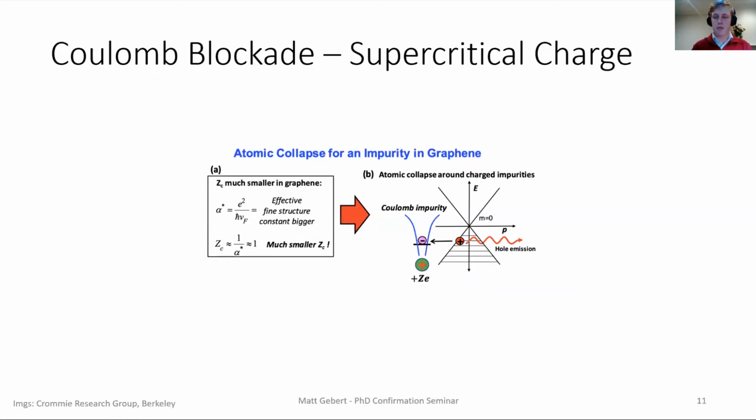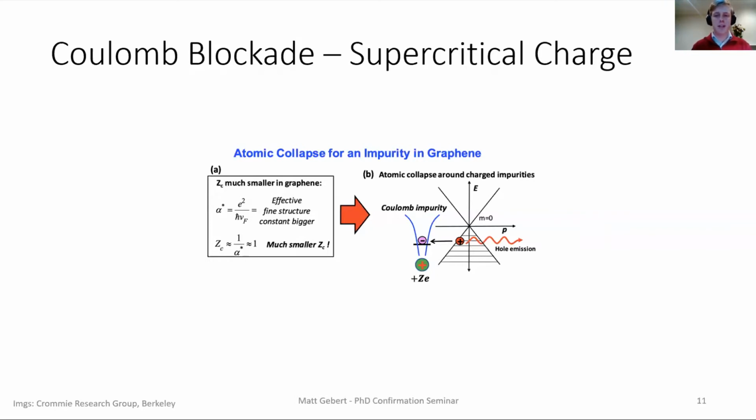If I have a really large nucleus, with lots of protons in it, then the radii of my orbiting electrons get smaller and smaller as I increase the nucleus size. Eventually, an electron is expected to be ripped from the sea of electrons around it, leaving behind a positron. There's a supercritical point where that positron will actually become a bound state with the electrons around it, analogous to electron-positron pair production, I guess.